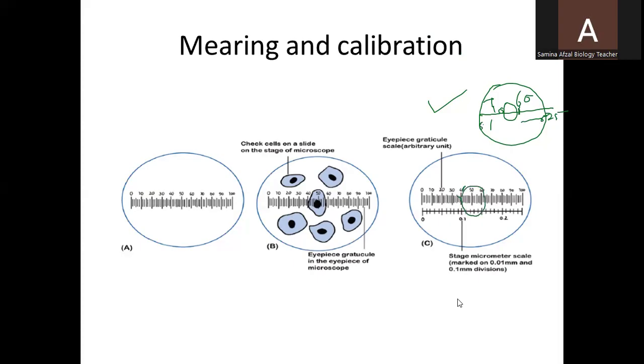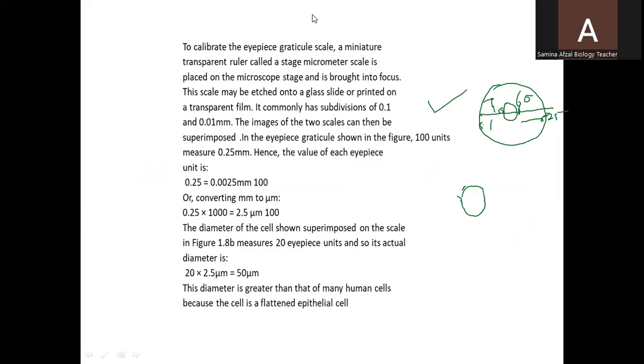You can see now we are calibrating it. First of all, what is calibration? Calibration is a process by which we align these two scales to get an accurate or precise measurement of the objects.